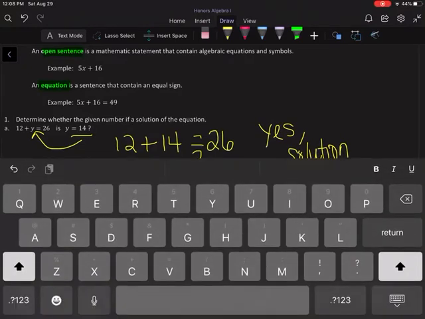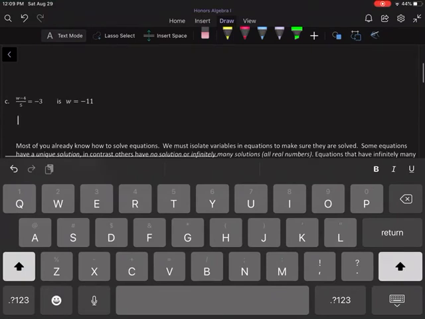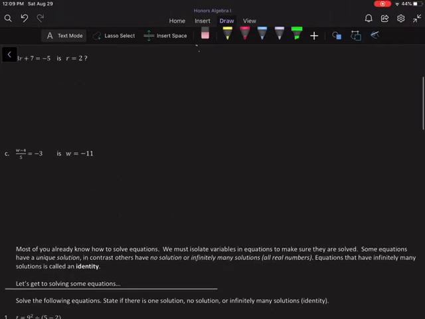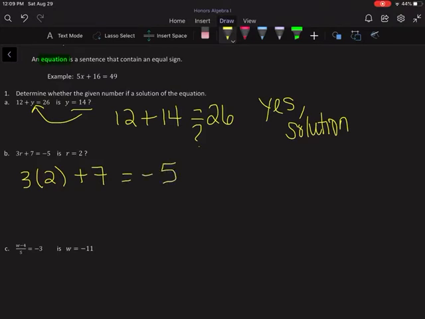Okay, next one. I didn't give myself a lot of space, did I? All right, go ahead and try that one. B, I'm going to take the 3, multiply it by the 2, plus 7 equals negative 5.